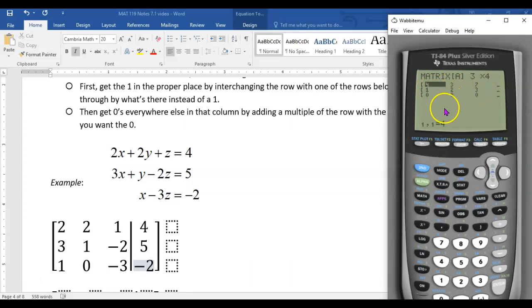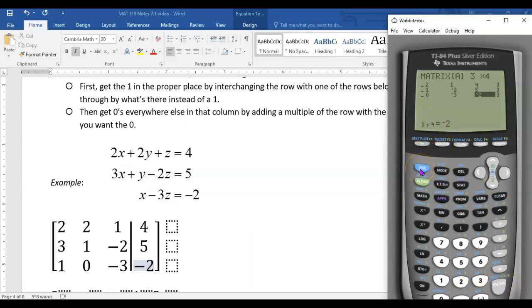So now I'm just going to type in the numbers: 2, enter, 2, enter, 1, enter, 4, enter, 3, enter, 1, enter, -2, enter, 5, enter, 1, enter, 0, enter, -3, enter, -2, enter.